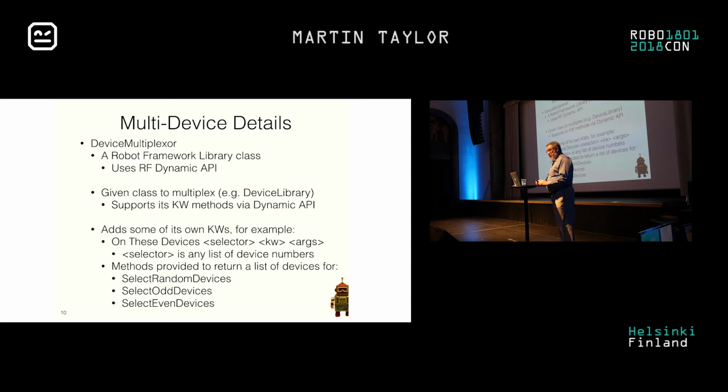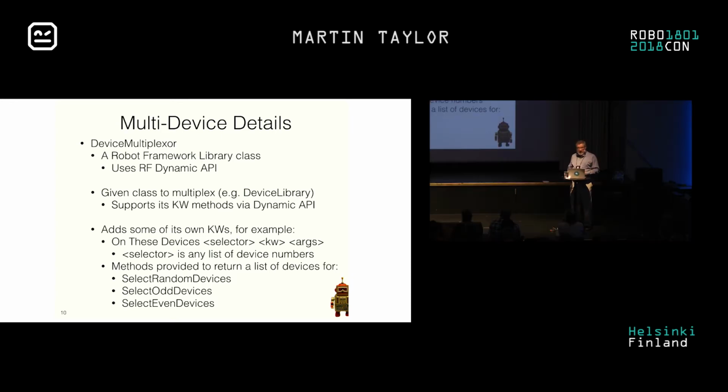So we built this using the Robot Framework Dynamic API. Like some other speakers were talking about earlier, that's often an easier interfacing style for Robot Framework. We give the multiplexer a class to multiplex, in this case the device library. And you'll see from other slides later on that we also did this for the desktops, the PCs and Macs as well.